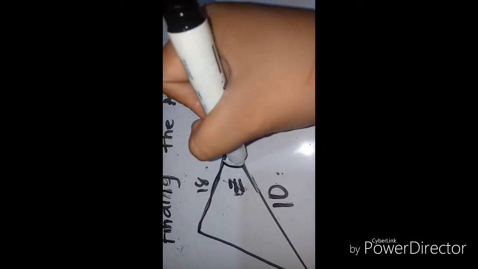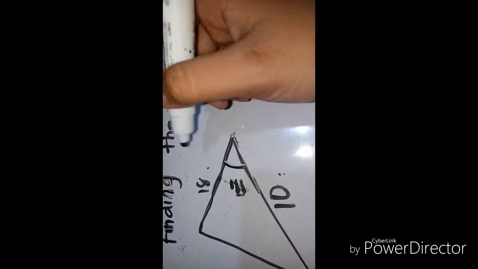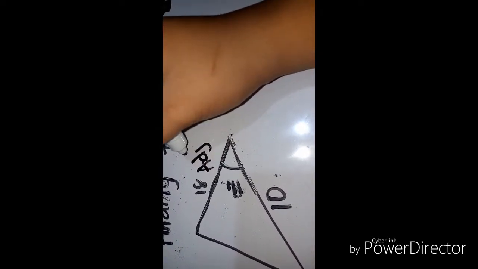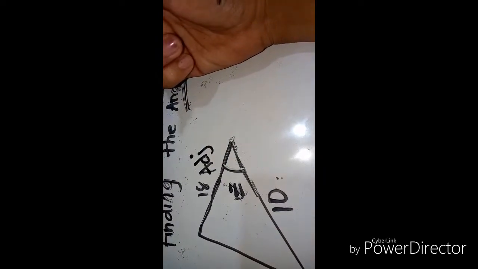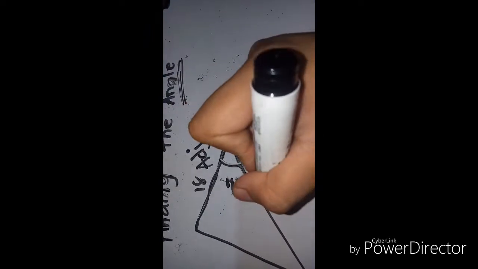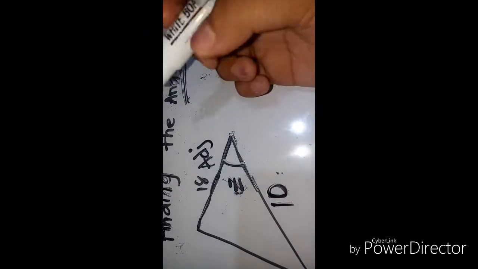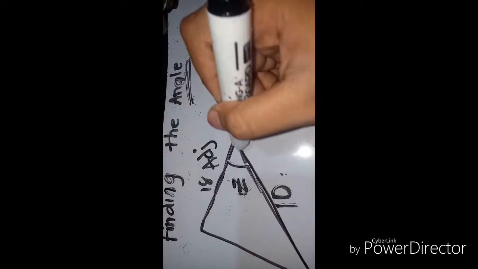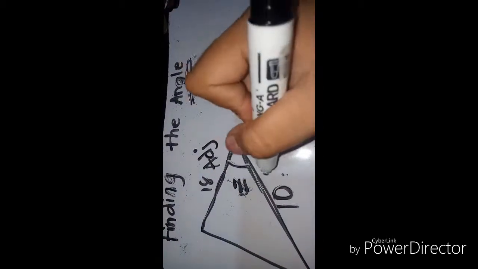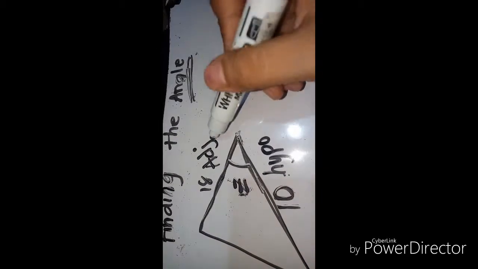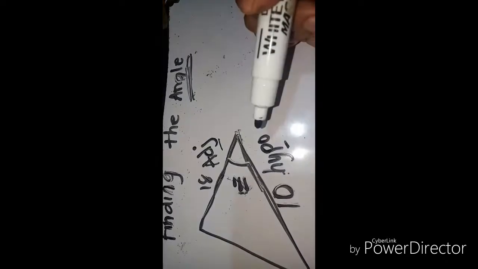This side is next to the angle, so this is our adjacent. The number 10 is on the longest side of the triangle, which is the hypotenuse. So our given has the adjacent and the hypotenuse.